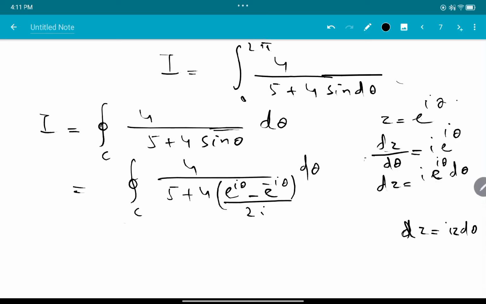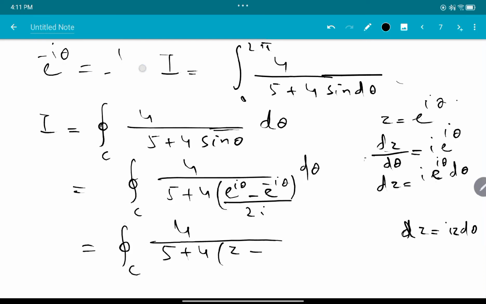Having done this, next I go for the contour integral of 4 divided by 5 plus 4 times z minus e raised to minus I theta, that is 1 by e raised to I theta, that is 1 by z, divided by 2i, into d theta.